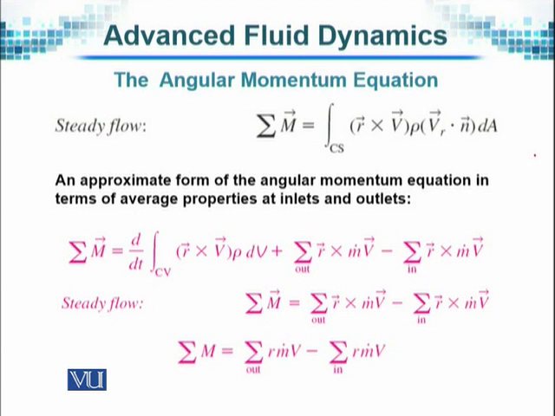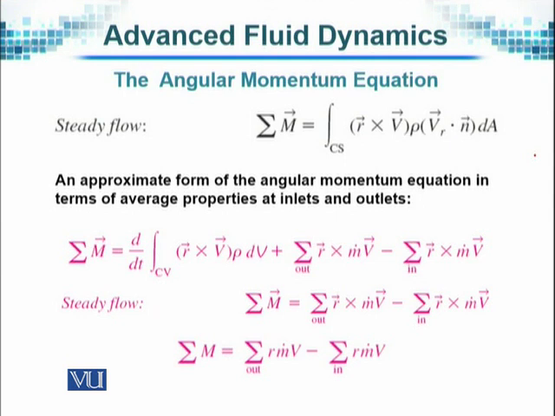So the external forces equal a rate of change of r cross V rho into the volume over the control volume. This is if the flow is unsteady, and that is why d by dt is appearing.